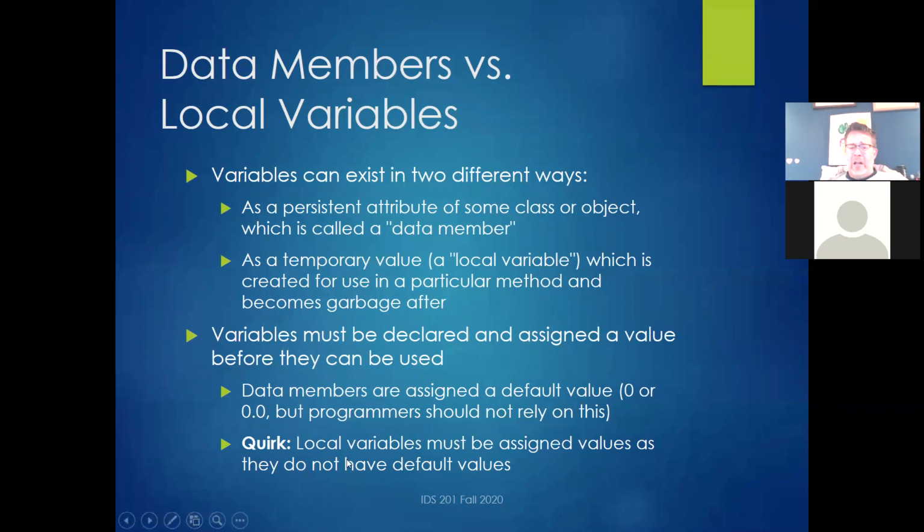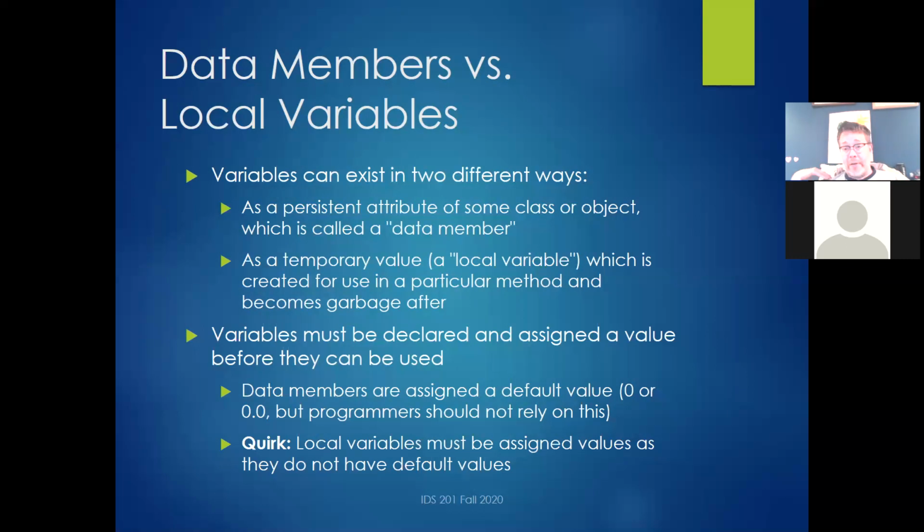The other one, local variables, do not have default values. When you create the object, you automatically have space allocated for any of the data types it contains. So if it has a double, for example, Java knows a double occupies 64 bits, which is 8 bytes, and it's going to allocate that memory for that variable.